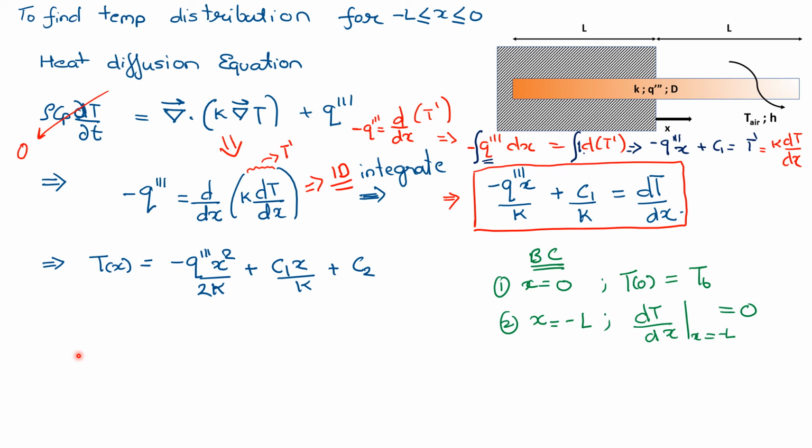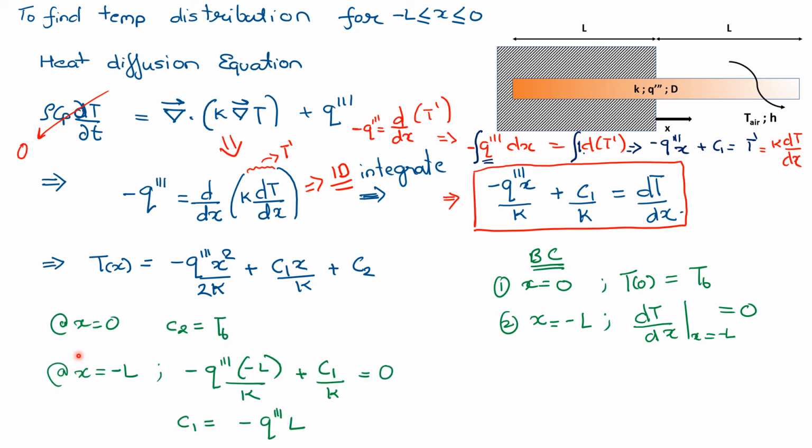So let's apply these boundary conditions. At x equal to 0, if we substitute x equal to 0 in this equation, our first term will be 0, second term will be 0, and we'll be just left with C2. So our C2 will be nothing but Tb. And at x equal to minus L, we need to use equation 2 right here.